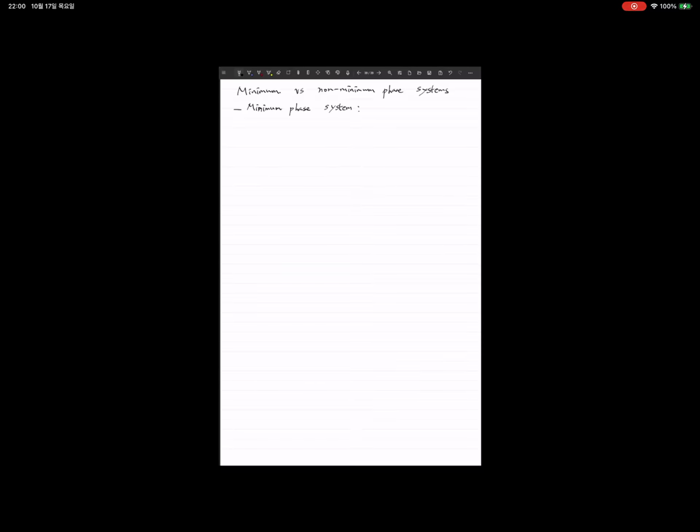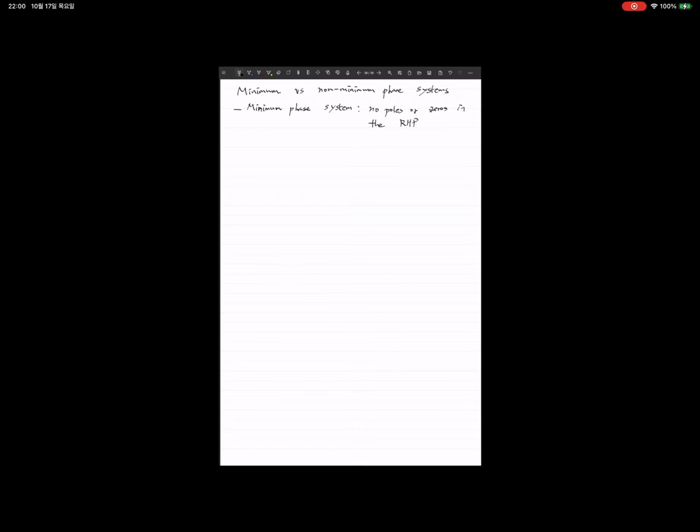Minimum phase system means no poles or zeros in the right half plane. Basically a stable system without zeros or with zeros in the LHP.